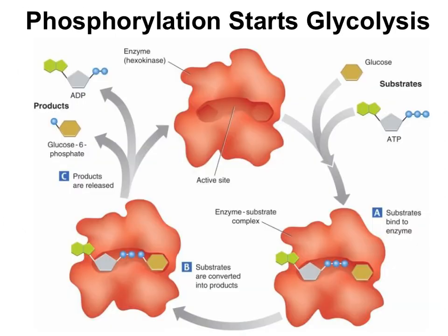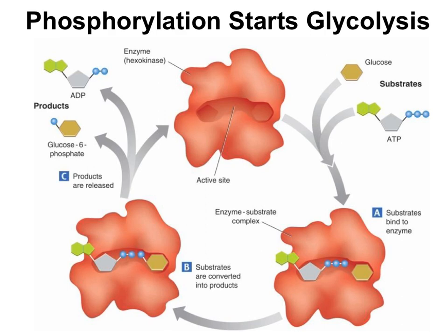Here's a cool diagram showing how the first phosphorylation of glucose works. The enzyme that catalyzes this reaction is called hexokinase. You can see that hexokinase has an active site with 2 pockets. One of the pockets fits glucose, and the other pocket fits ATP. Once in the active site, phosphate is transferred from ATP to glucose.